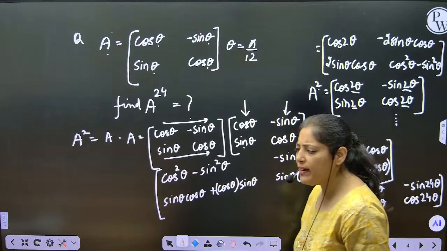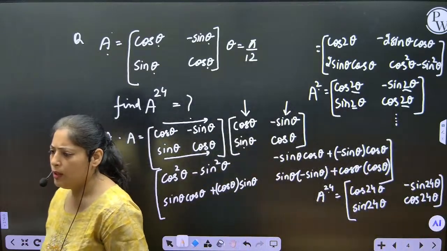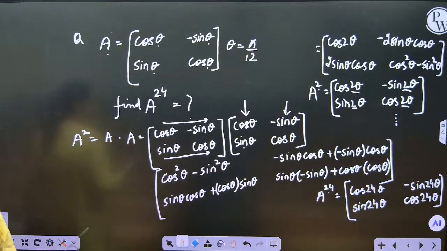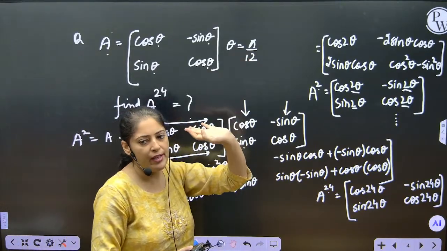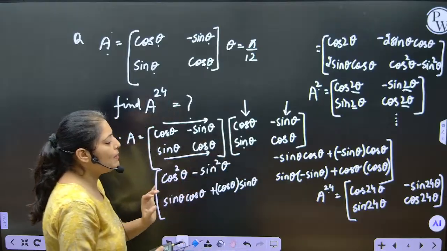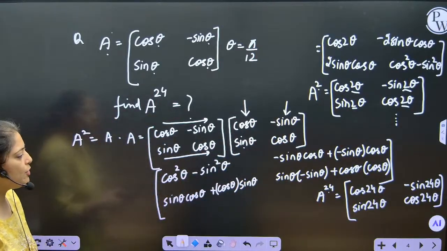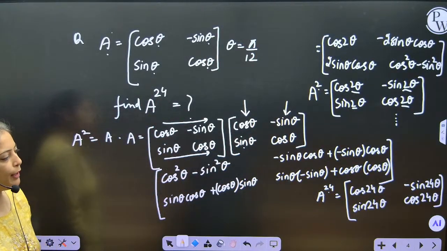But we don't know the value of 24 theta, but we can find how, that I'll tell you. Because theta they have given us pi by 12. First note till this much, then I'll proceed to the next page quickly.